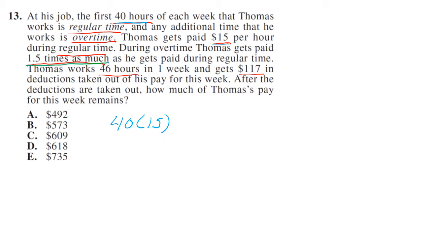So plus 1.5 times, and he worked 46 hours, so 46 minus 40, times 15, which is how much he normally makes, times 1.5, because he gets 1.5 of 15. And then he has a deduction of $117, so we're going to subtract 117 from all that. And now we're going to just figure it out.